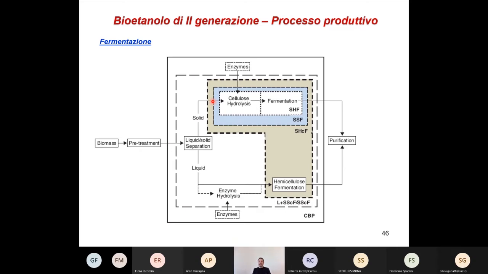For example, we usually buy from a very, very large company that produces enzymes, and the cost is also very high in general, mainly for industrial purposes, not for our purposes, because our quantities are very, very low, but it's an important cost. So you can close the chain. So, another way to say it, the circular economy.